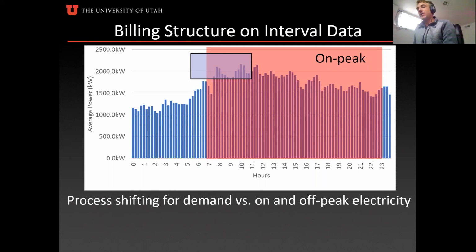I guess what I want to highlight is if you have on and off-peak electricity, that means you have really expensive electricity during on-peak hours and much cheaper electricity during off-peak hours. Even just partially shifting a process outside of that on-peak window can save you a lot of money, even if you don't necessarily lower the demand.